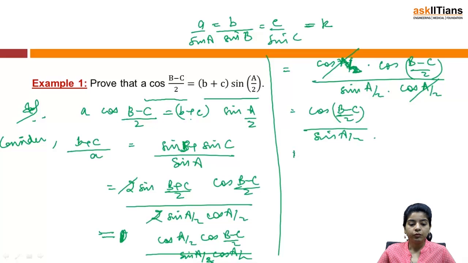So what have we proved? That (b plus c) by a is cos((B minus C)/2) by sin(A/2).